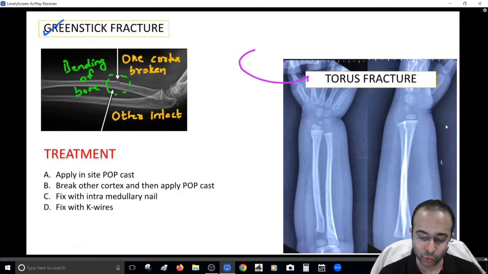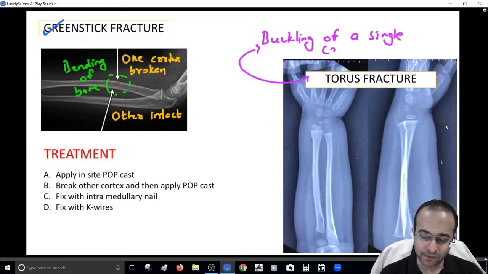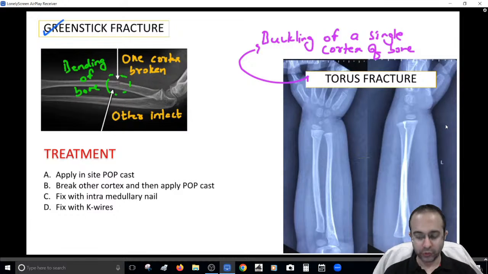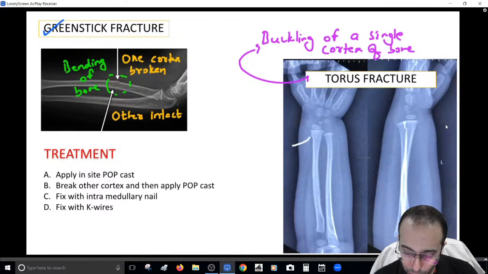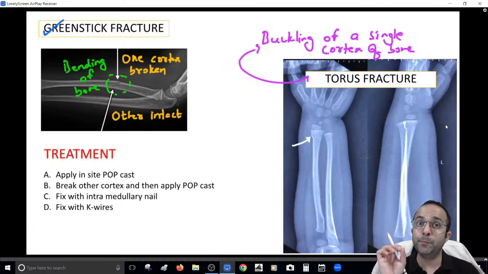And now what you have in torus fractures, here what you find is buckling of a single cortex of bone. So if you will notice, one cortex of bone radius is pressed inside, like a buckle of a bag. You press the buckle inside to open a bag.